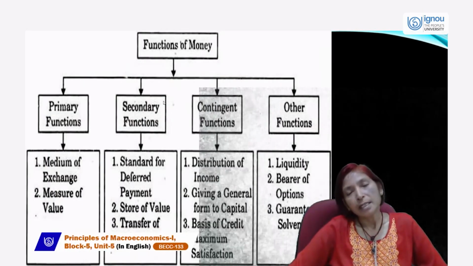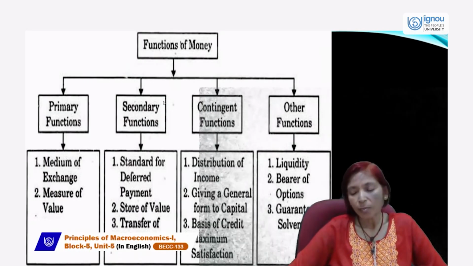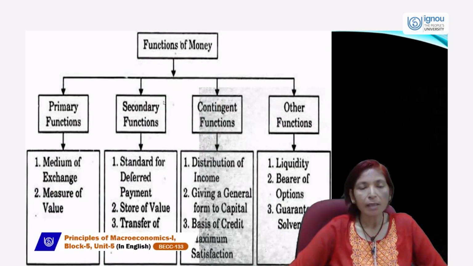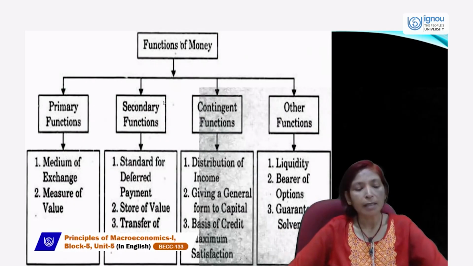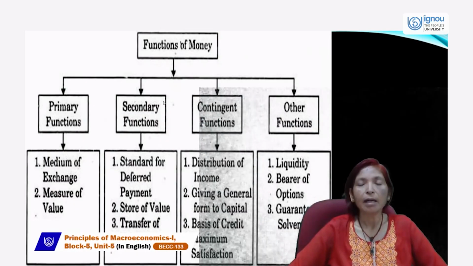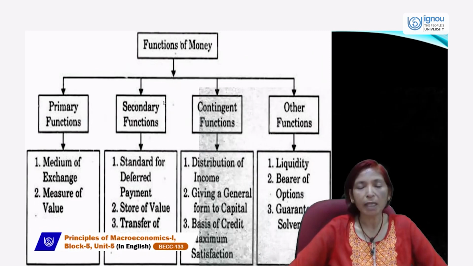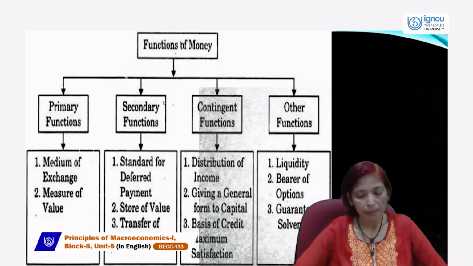So money plays a very important role in these forms: primary, secondary, contingent, and other functions. These are the main functions of money.